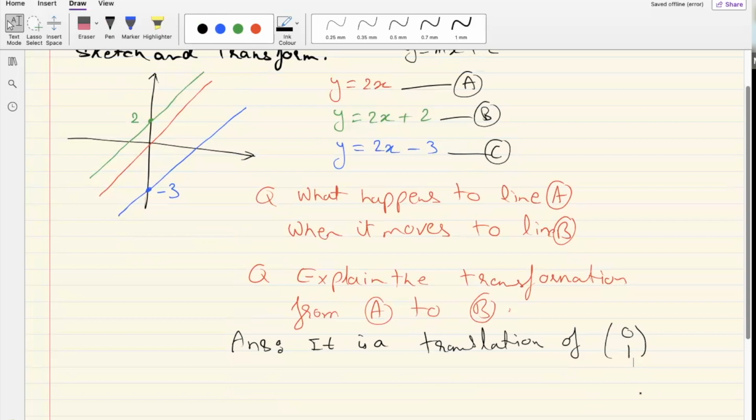Yes. In other words, we can say the line has moved 1 unit. Sorry, this was 2. X0, y2. The line has moved 2 units in vertical axis, in positive vertical axis. So in technical way, we tell them that it is a translation of 0, 2.